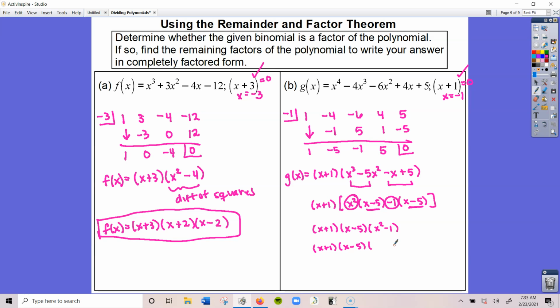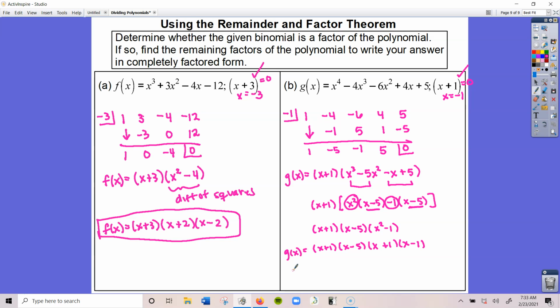Remember factoring a difference of squares? We're going to square root the first term, which is x. Square root the second term, the square root of 1, is just 1 again. Make 1 plus and 1 minus. So we have x plus 1, x minus 5, x plus 1 again, and x minus 1. So this is our polynomial.